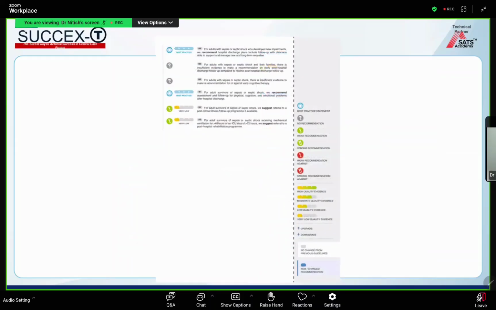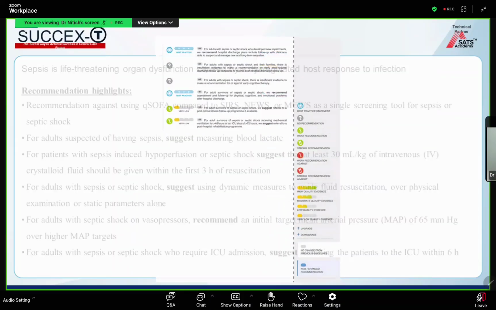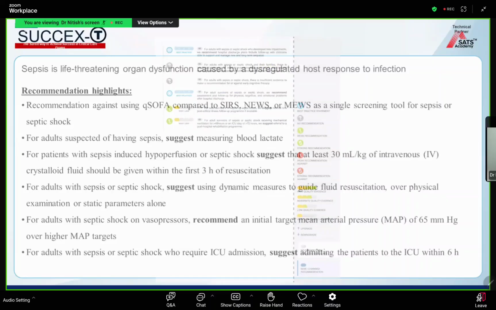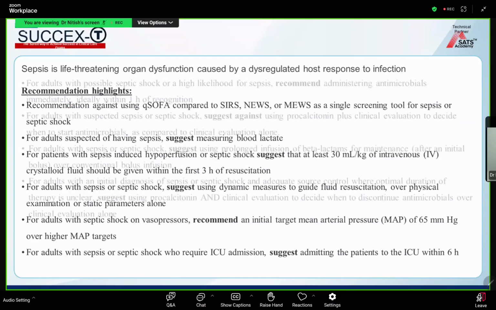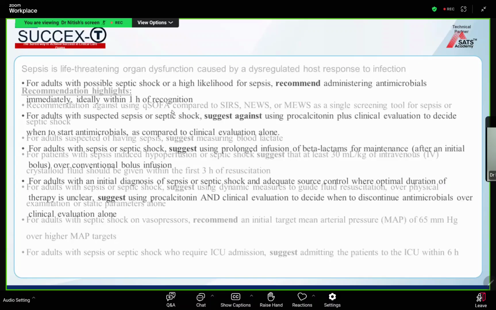If we cannot achieve it, then we have to start the patient on pressors. For ICU admission, it is suggested that the patient is moved to the ICU within the first 6 hours. The other recommendation is about antimicrobials, which have to be ideally started within 1 hour of recognition of septic shock. This is an important recommendation.